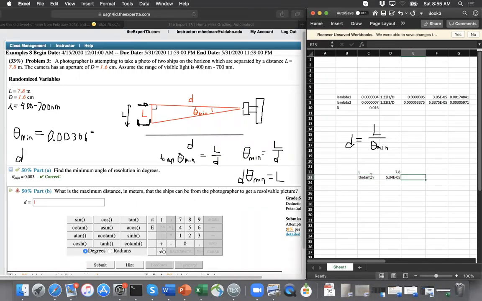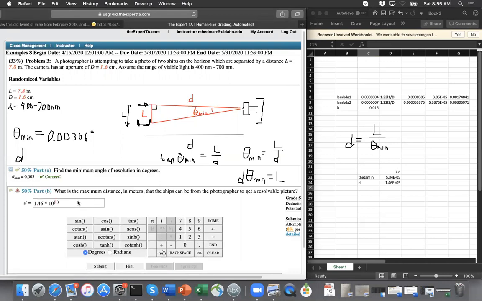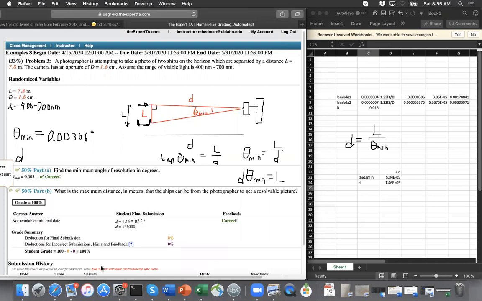Okay, then D is just this over this. And what we get is a pretty big number: 1.46 e to the 5 meters. Let's see if that's right. It is correct.